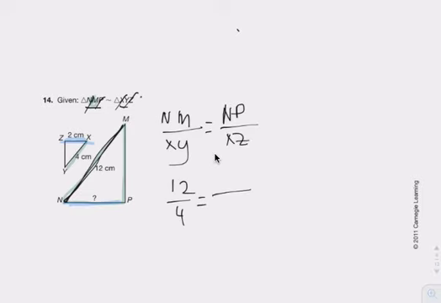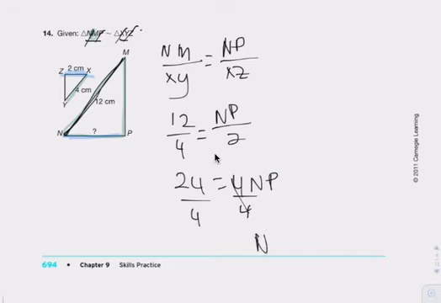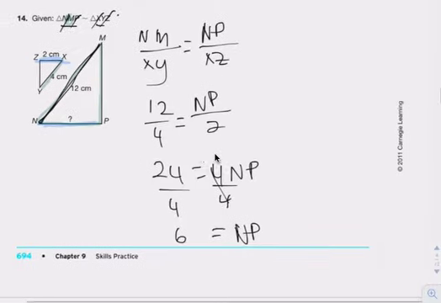So unknown side NP over 2. Okay? I hope this helps you. That's 24 equals 4 NP. Divide by 4. You get the length NP is equal to 6. 6 centimeters.